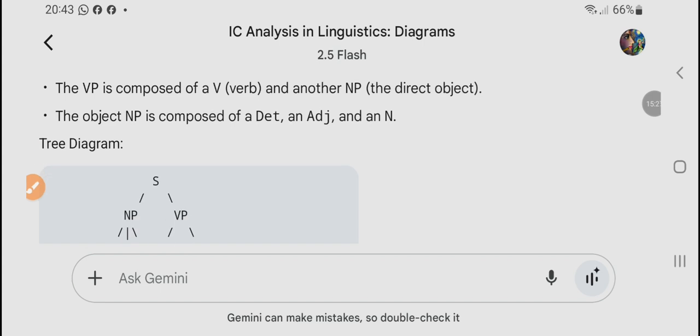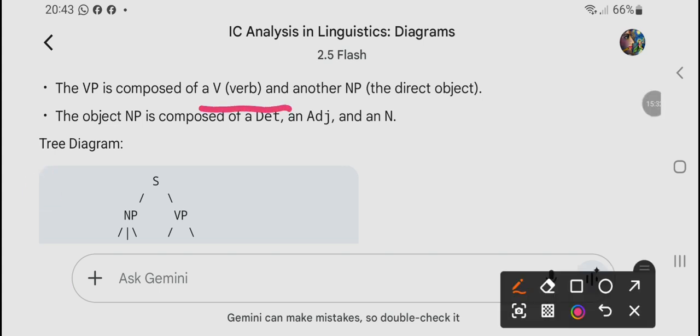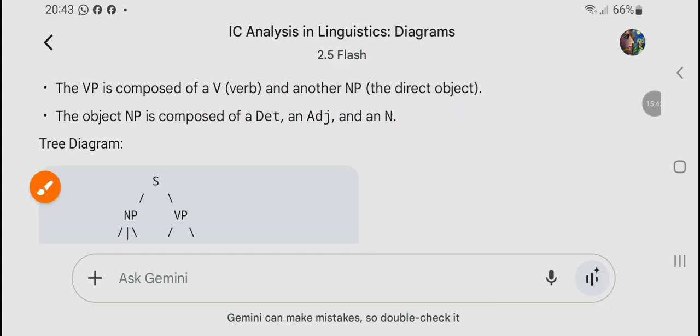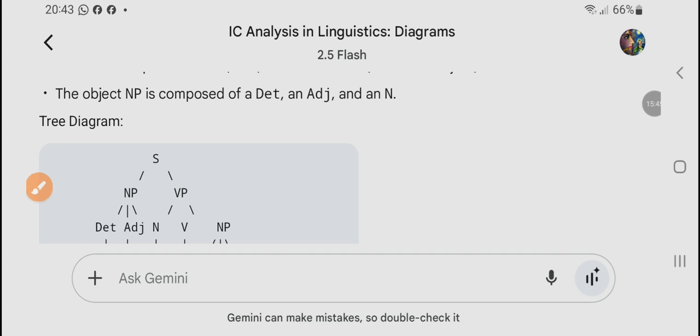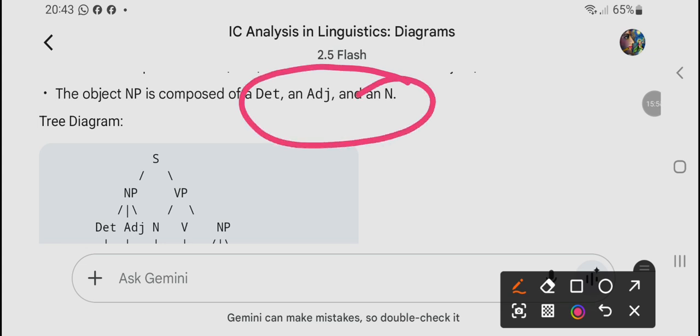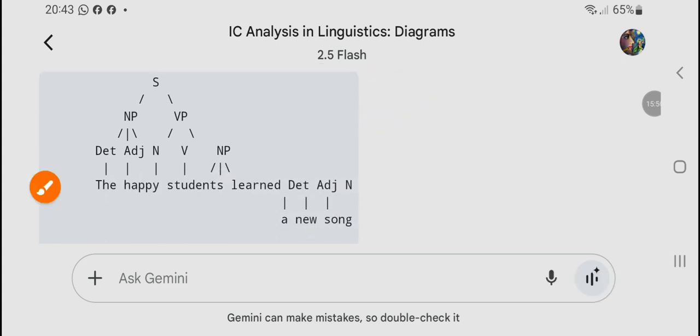Verb phrase is composed of a verb, of course, and another noun phrase. Please take care. In the verb phrase, there is a verb, but then in the second branch again a noun phrase is attached. Then the object noun phrase is composed of determiner, adjective and noun. Right?